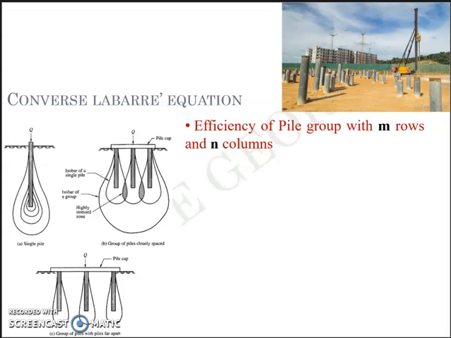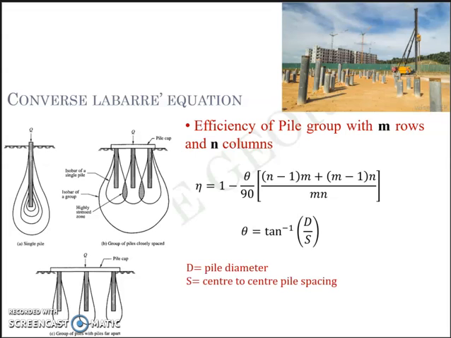So when you have m rows and n columns, efficiency is given by Converse-Labarre's equation as 1 minus theta by 90 times (n minus 1) m plus (m minus 1) n, divided by mn, where theta is equal to tan inverse of d by s, d being the pile diameter and s being the center to center spacing. Now, this equation is an approximate method by which you can arrive at the group efficiency of piles.